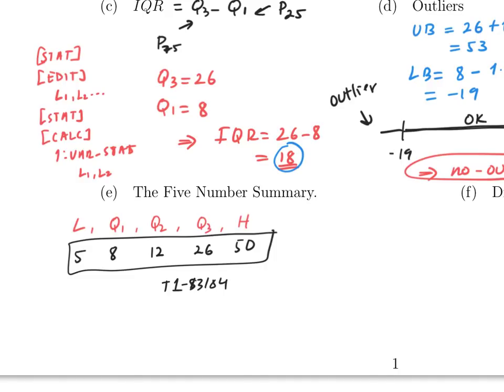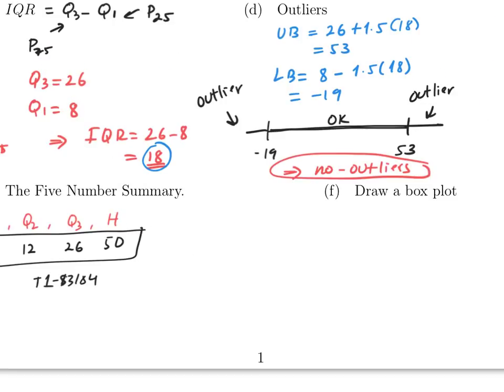The last part of this problem, they ask you to draw a box plot, which is technically just drawing the five-number summary. So for that, you literally just draw a box.